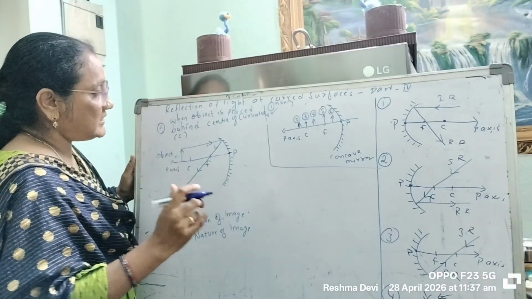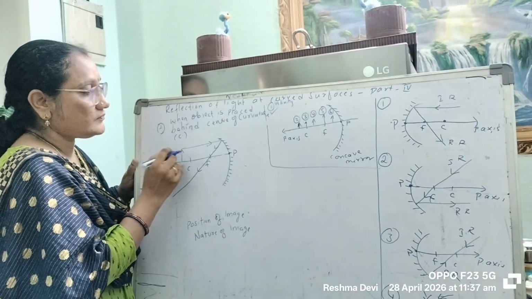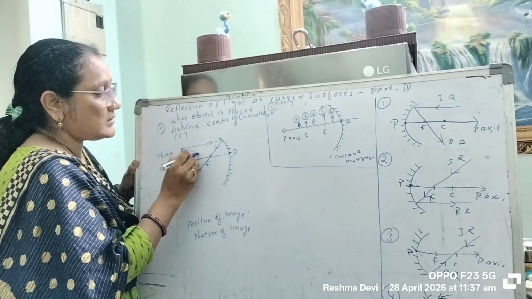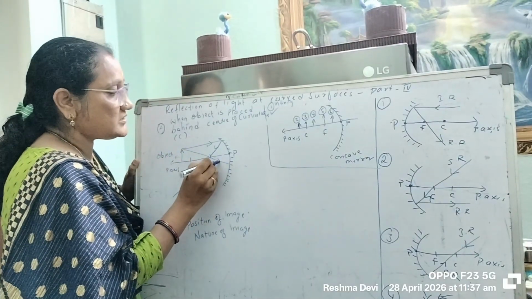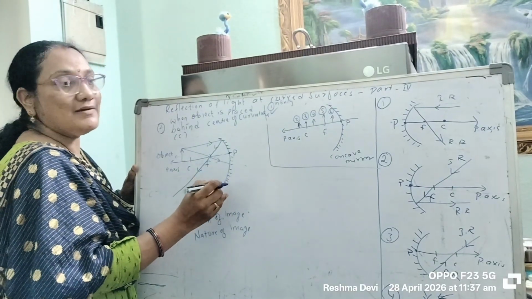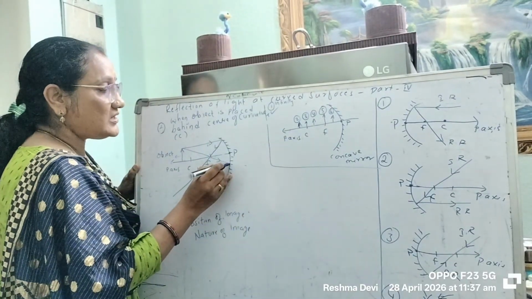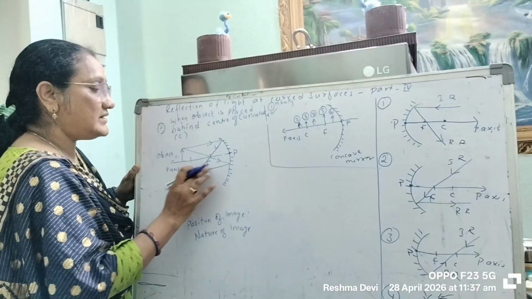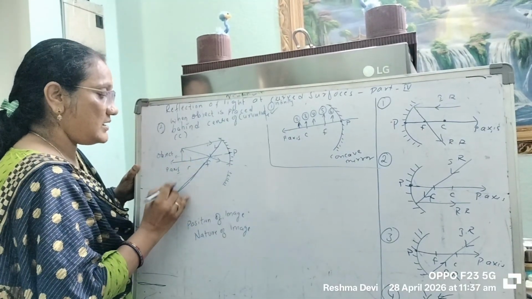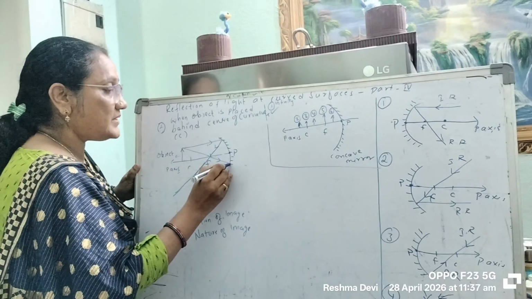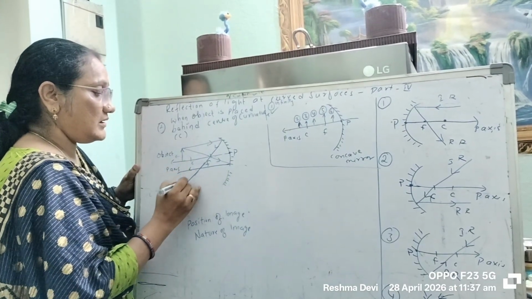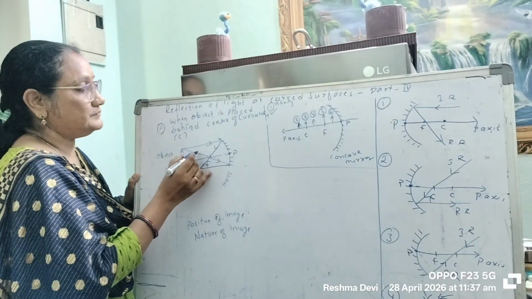When we draw another ray, let us think that they are passing through focus. Rule 2. When they pass through the focus, what happens? After reflection, they travel parallel to the principal axis. Right?